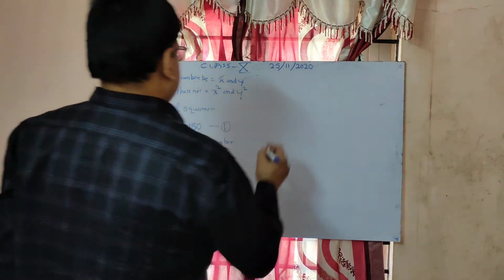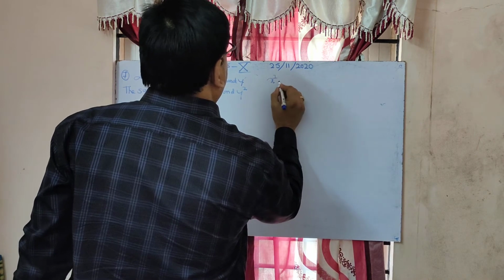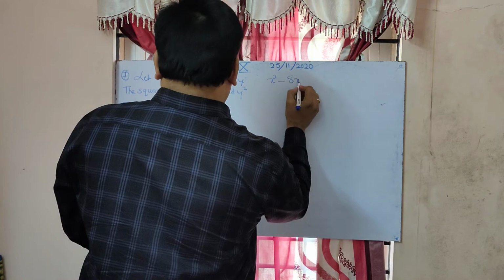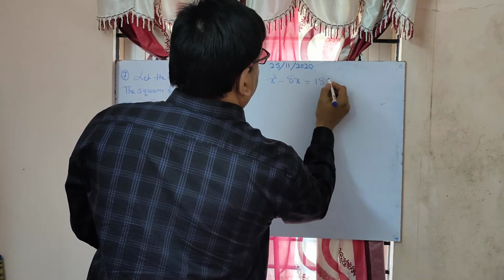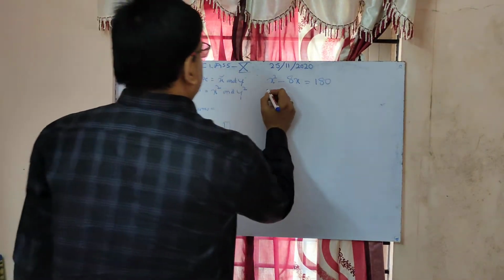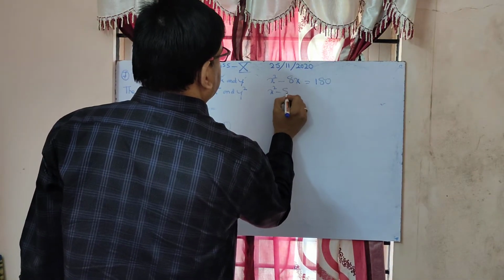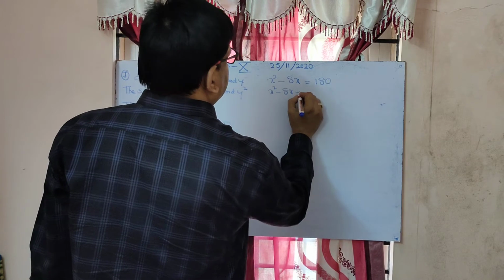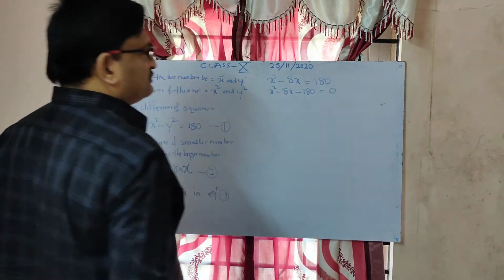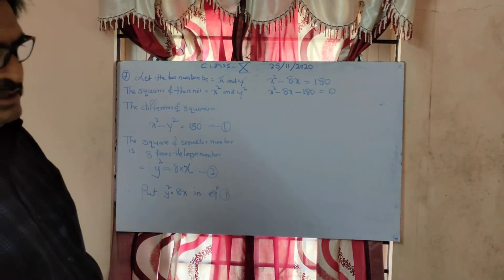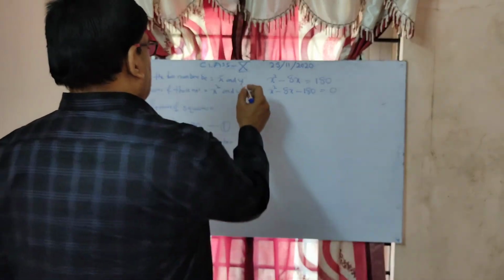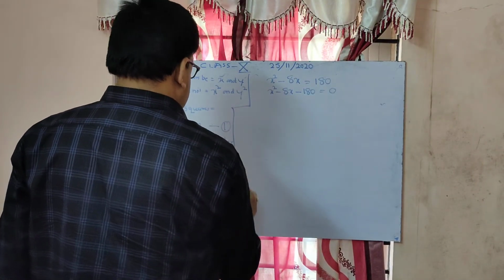Now what is that? x square minus, in place of y square, what you write? 8x is equal to 180. x square minus 8x, just transfer this 180 to this side. That is minus 180 equal to 0. Now this is a quadratic equation.